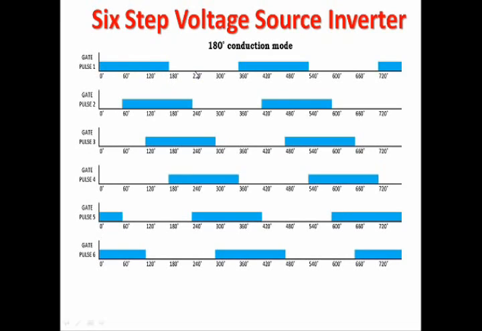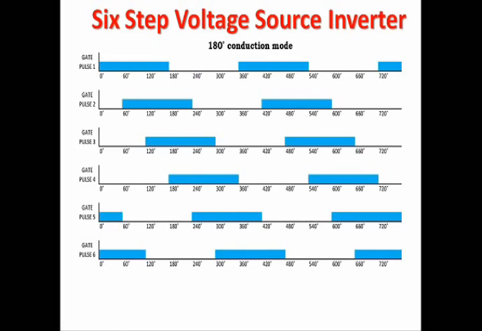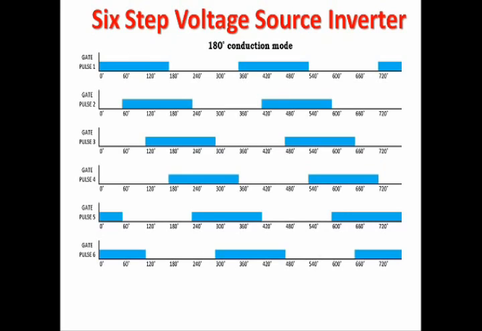The rest of the cycle is the turn off time, or otherwise the absence of the gate pulse. Likewise, each gate pulse has 180 degrees of turn on time and another 180 degrees of turn off time. If you give the gate pulse for 180 degrees, the MOSFET will conduct for 180 degrees. Then this mode is called 180 degree conduction.